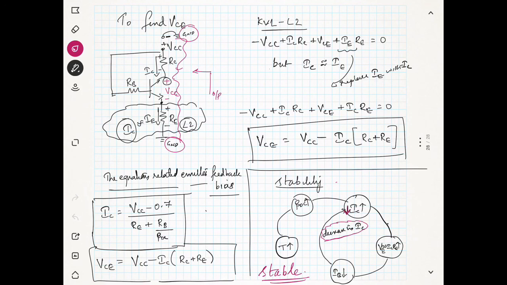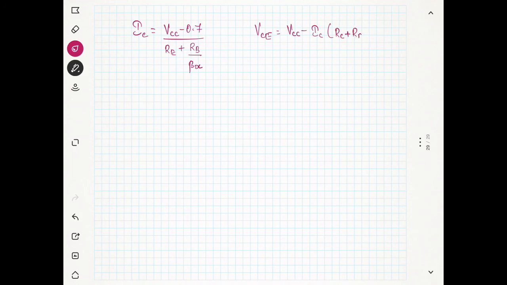Now we will explain the load line for the same. So we have the equation. I will rewrite the equation: IC equal to VCC minus 0.7 over RE plus RB over beta DC, and we have VCE equal to VCC minus IC into RC plus RE.